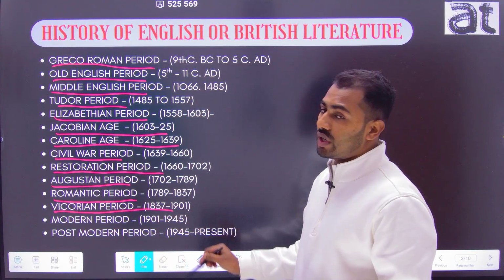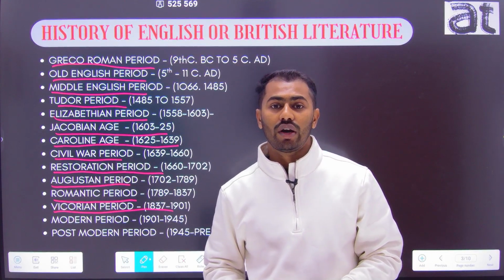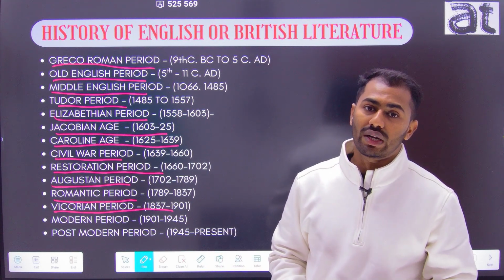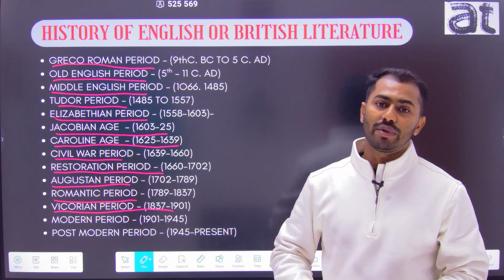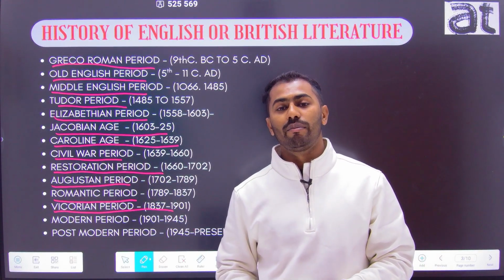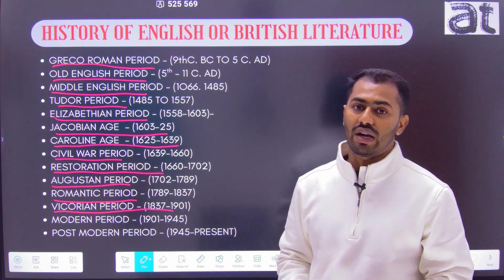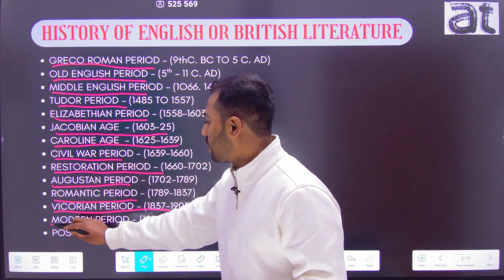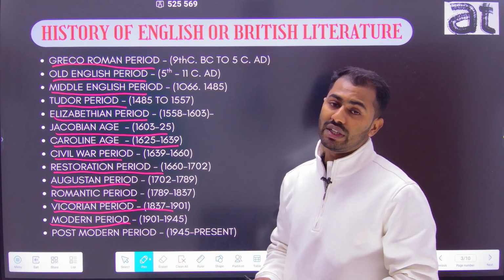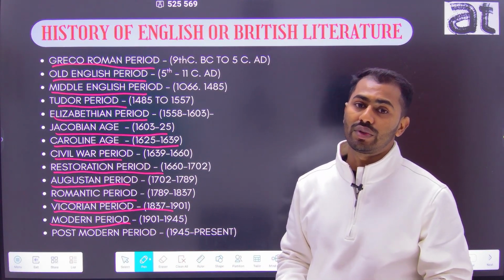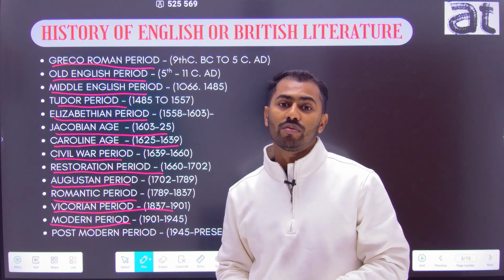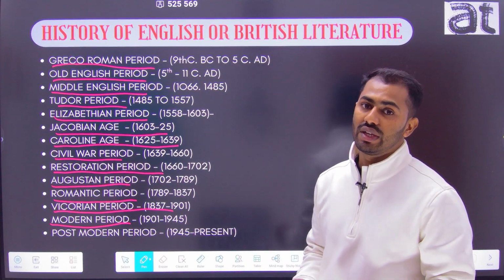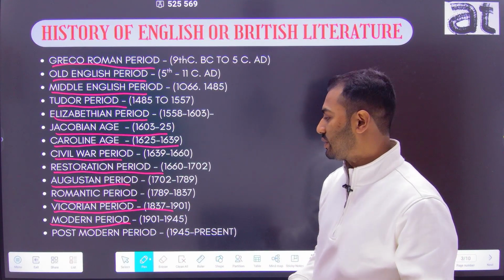Next comes the Victorian period. In the Victorian period, we will read the poetry of Lord Alfred Tennyson, Robert Browning, and the important novelists of the Victorian period like Charles Dickens, William Makepeace Thackeray, Thomas Hardy, George Eliot. After that comes the Modern period, which begins in 1901 and runs to 1945, and in the Modern period we will read T.S. Eliot, Ezra Pound, W.B. Yeats, W.H. Auden.